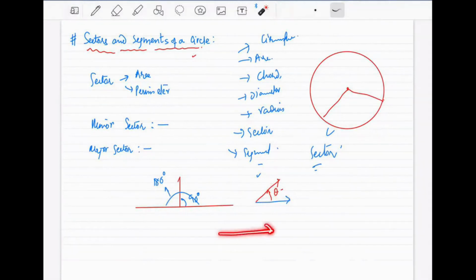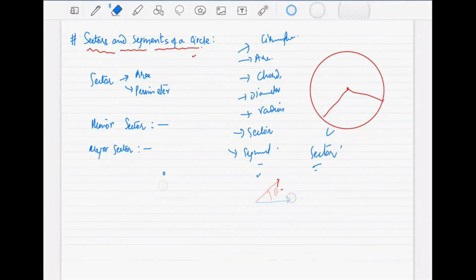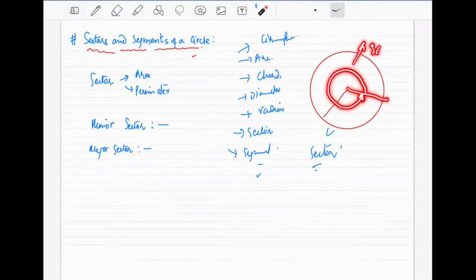So if you take this whole angle, it will be 360 degree. What is half of 360 degree? 180, right? Keep that in mind. Now, if I have a radius here, and the radius is rotated for a whole revolution, then that angle will be 360, right?